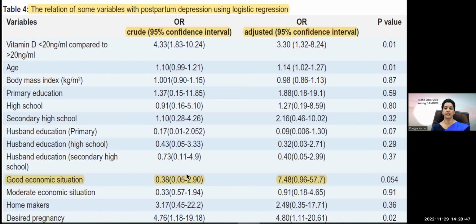You can see here that it is 0.38, which is very low, which has become 7.48 in the adjusted. I am not focusing on whether it is significant or not, but the value of the odds ratio has increased in this case.